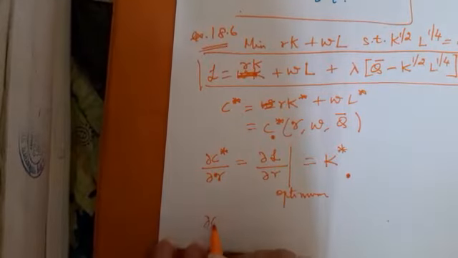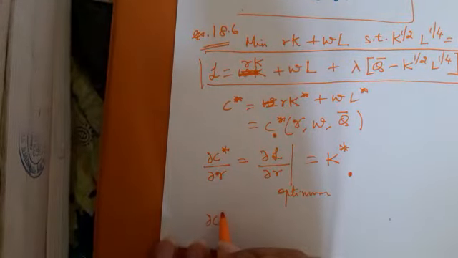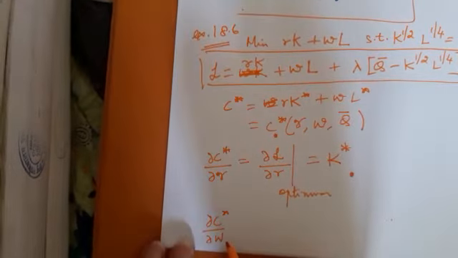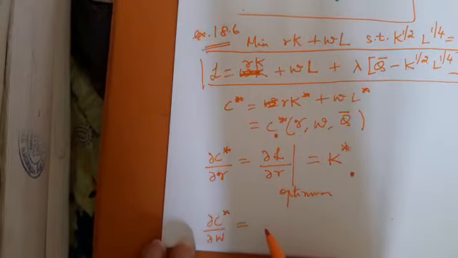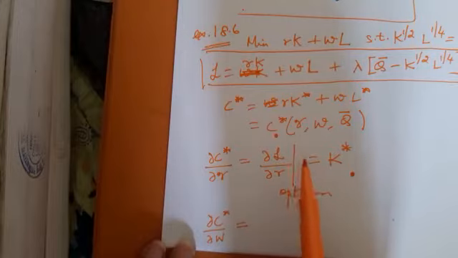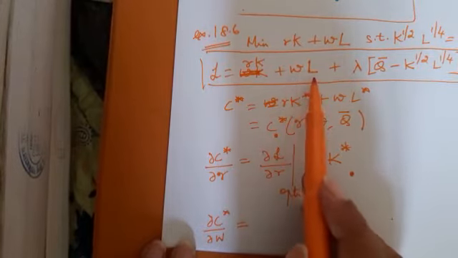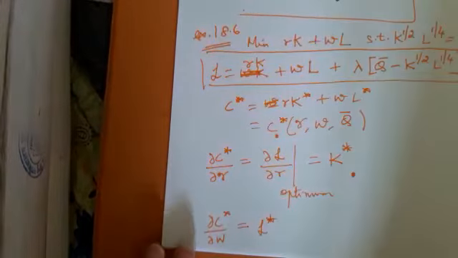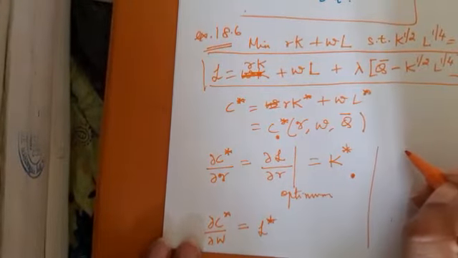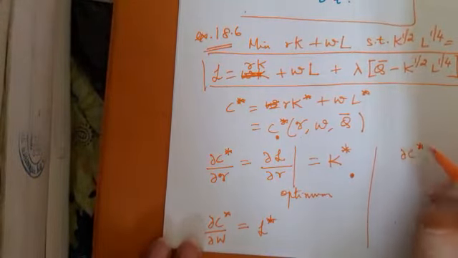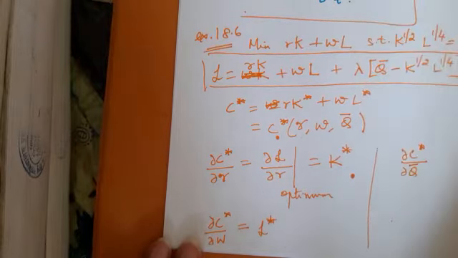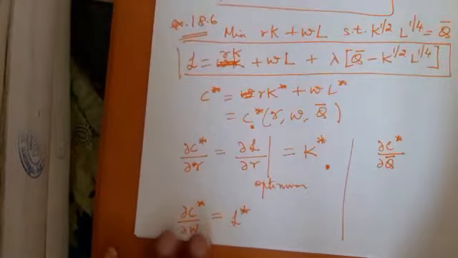Similarly, if I were to take the partial with respect to the price of labor, that's going to be nothing but the partial of the Lagrangian with respect to W, which is going to be L, and that you'll evaluate at the optimum. Again, so simple. And last but not least, if I take the partial with respect to the constraint constant Q bar, no two guesses for what you're going to get.